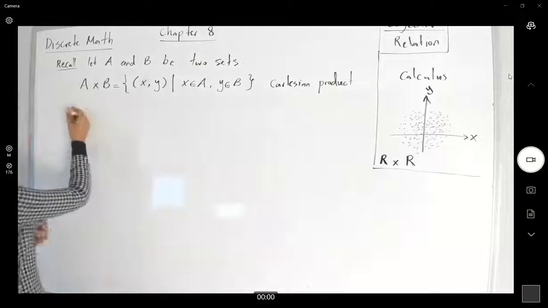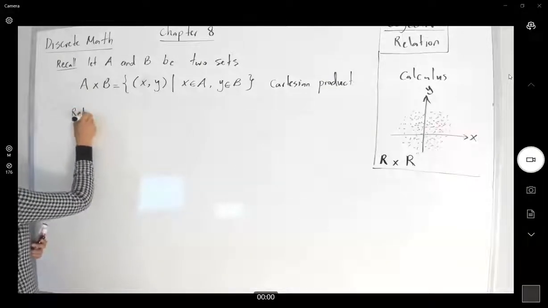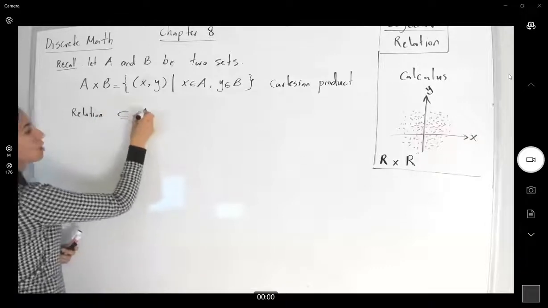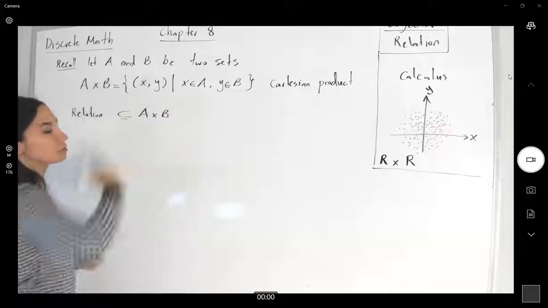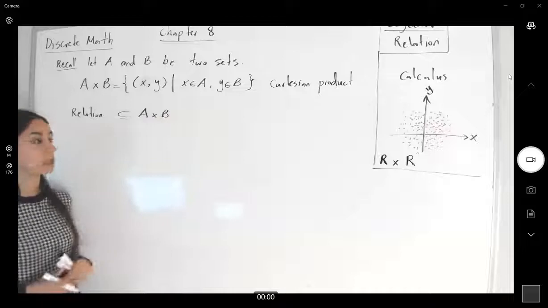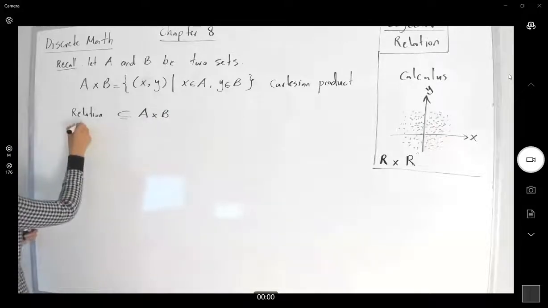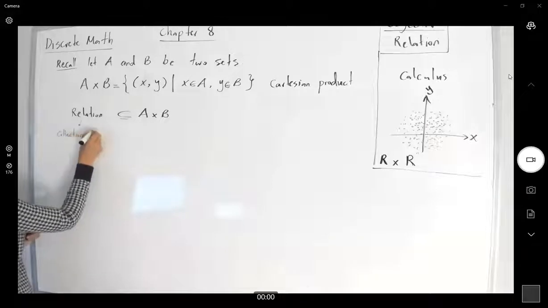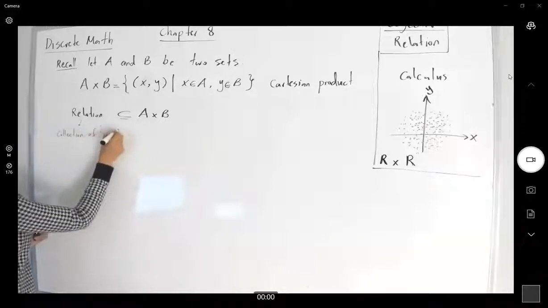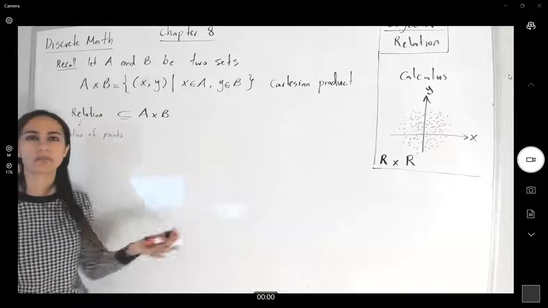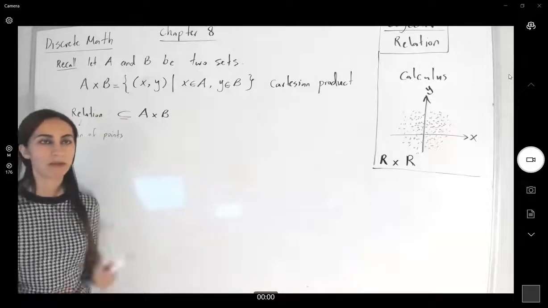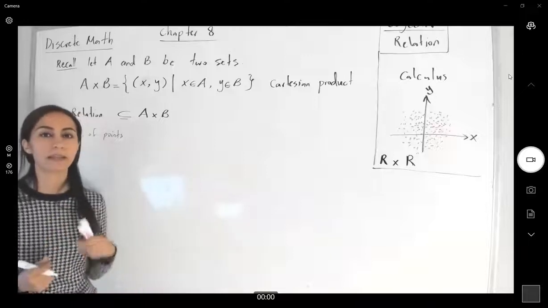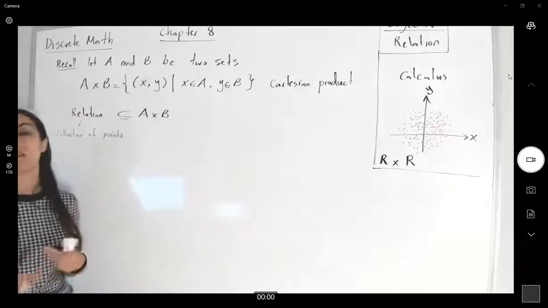So we said that a relation is a subset of the Cartesian product between A and B. A collection of points. Well, sometimes this collection is meaningful. Some other times we cannot follow anything or grasp anything out of that relation.